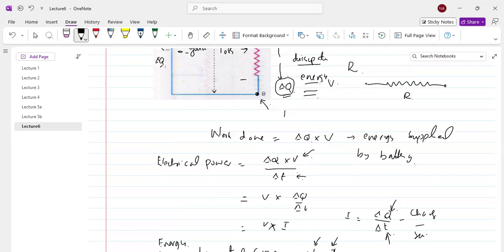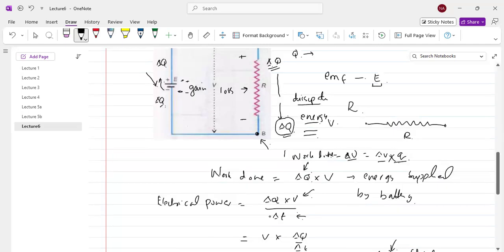Work done is written from the formula we defined in chapter 12, where we say that change in potential energy is equal to work done, and this work done is equal to the potential difference multiplied by the charge of the particle upon which the work is done in moving across two points whose potential difference is delta V.